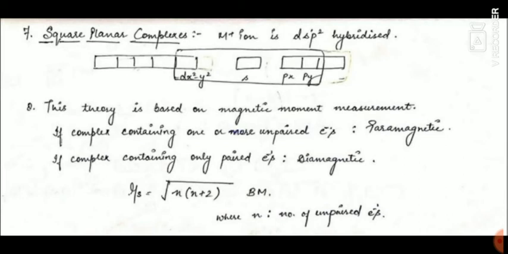That's why we take dx square minus y square with the s orbital and the vacant px and py orbitals, and together they form dsp2 hybridization.